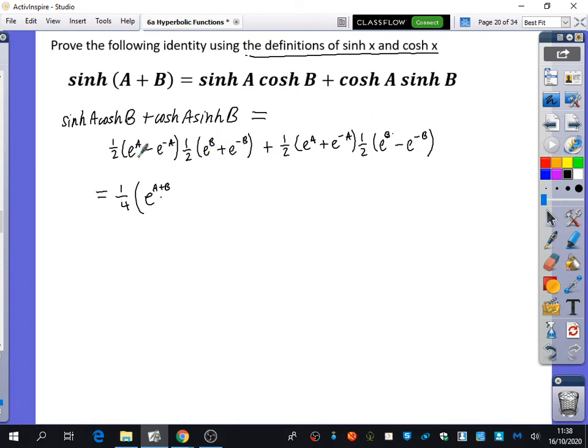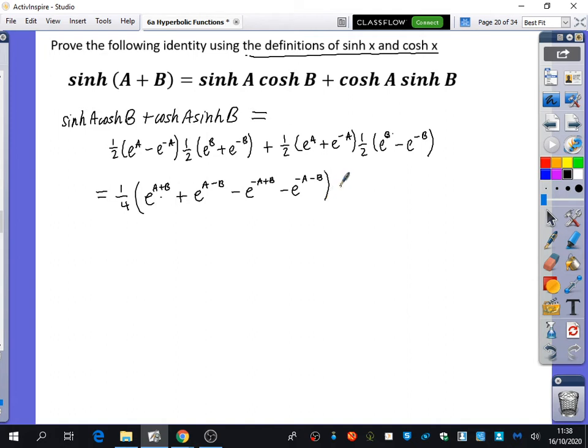Then I'm going to have this one multiplied by this one, which is going to be plus e to the a minus b. Then I'm going to do this one times this one, which is going to be minus e to the minus a plus b. And then this one times this one is minus e to the minus a minus b. Okay?